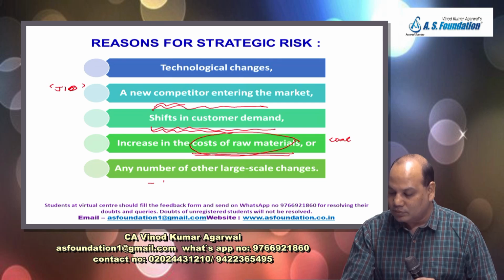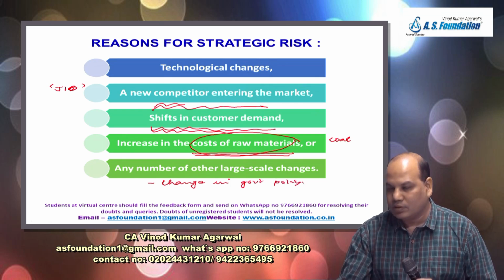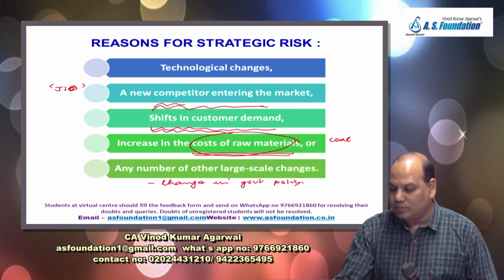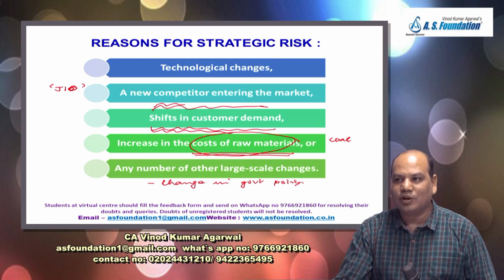Like for example, change in government policy. Suppose the government brings demonetization. Don't you think a lot of strategies will undergo a change now? Many businesses are dependent on only cash transactions.